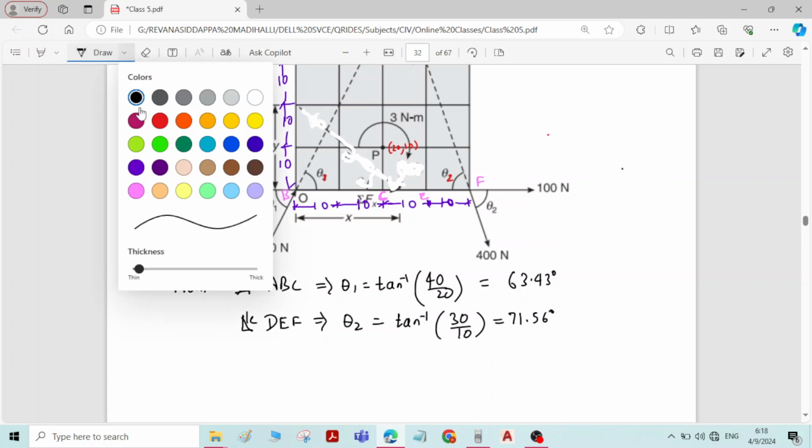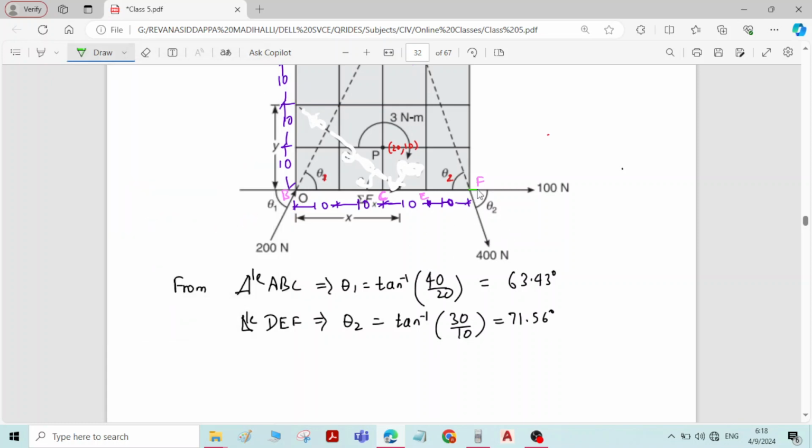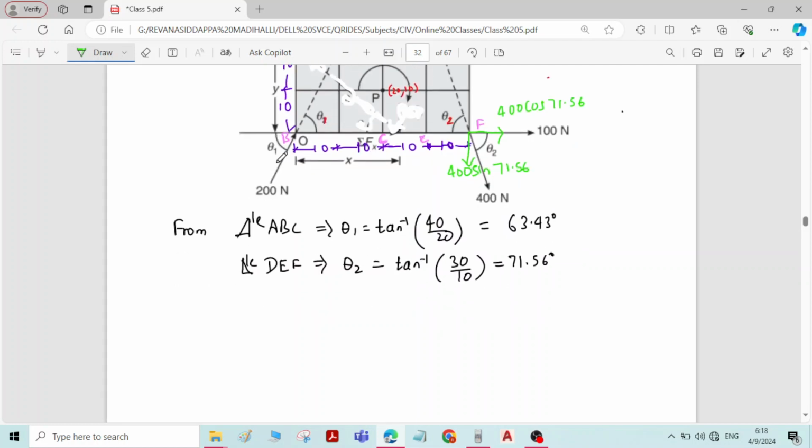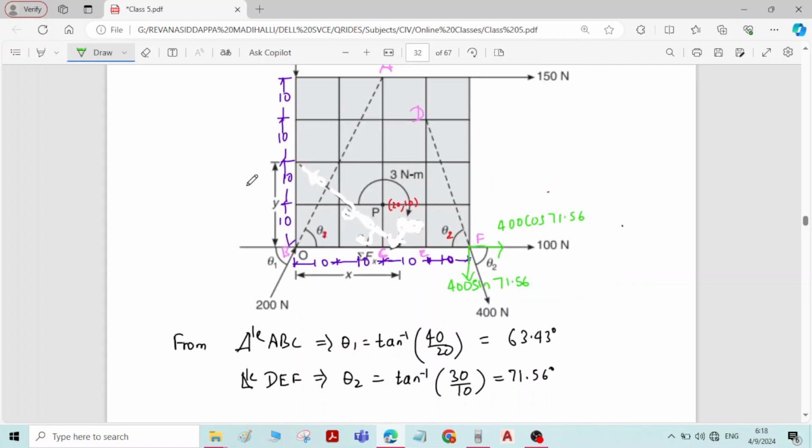You can write the components now. For 400 Newton force, horizontal component is 400 cos 71.56. Vertical component is 400 sin 71.56. Then for 200 Newton force, theta 1 is 63.43.